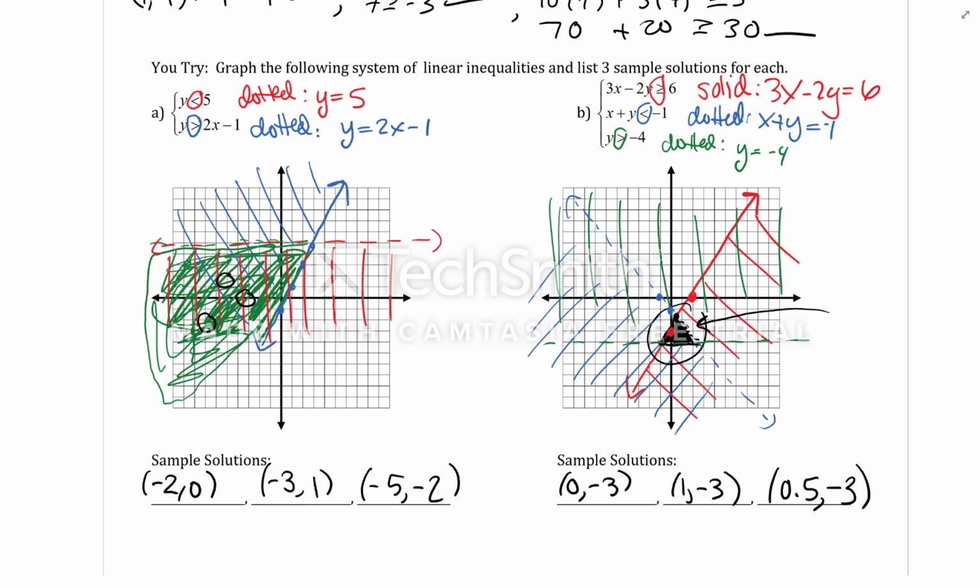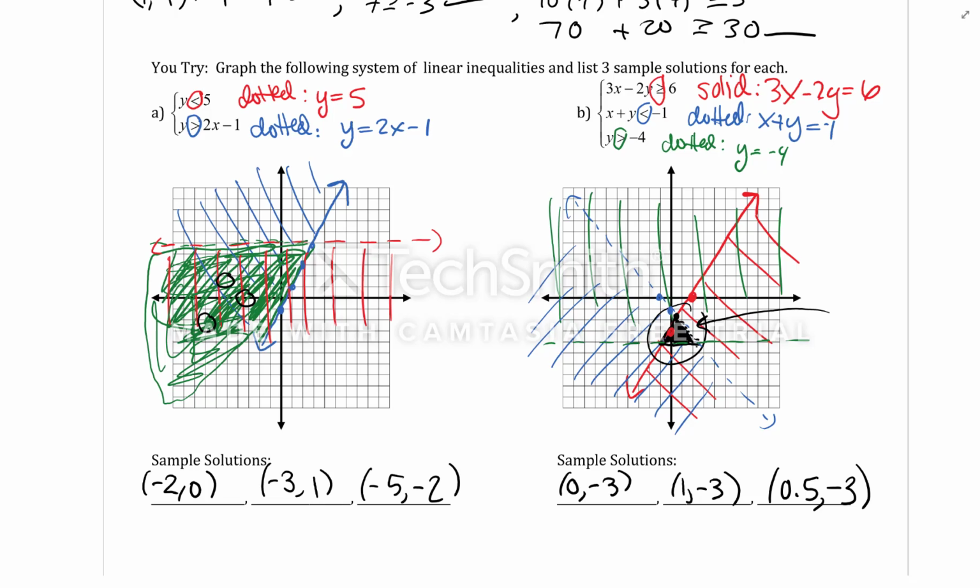For the slanted line, you would shade above it. So the area in green here is the place that's both below the horizontal line and above the slanted line at the same time. And I just picked 3 points within that shaded area as sample solutions. So the answers for the sample solutions may vary. I just checked to see that they're inside the area that was shaded twice.